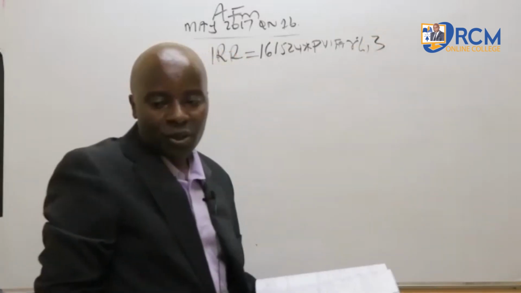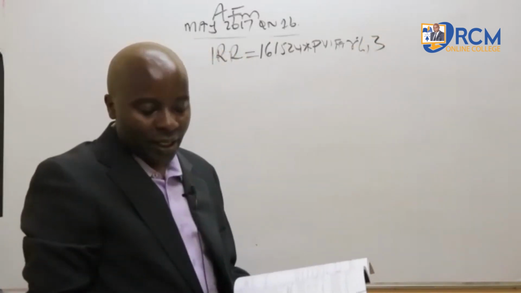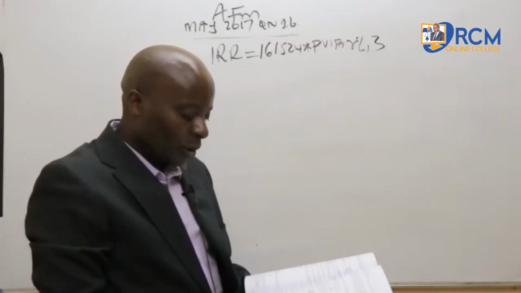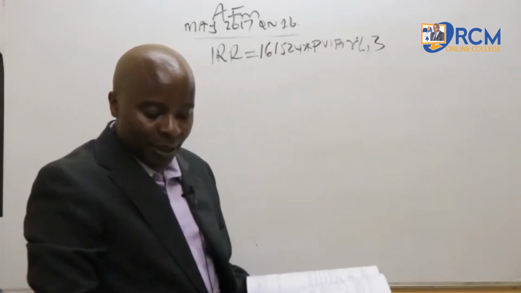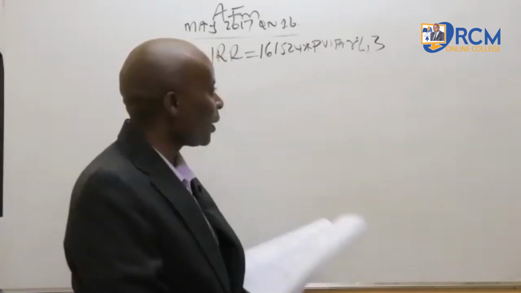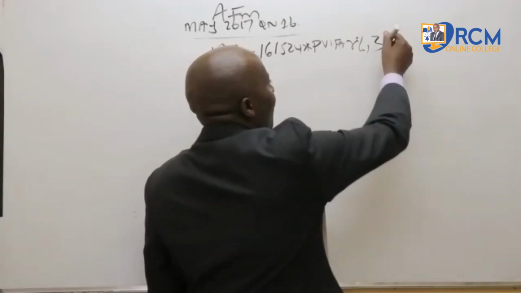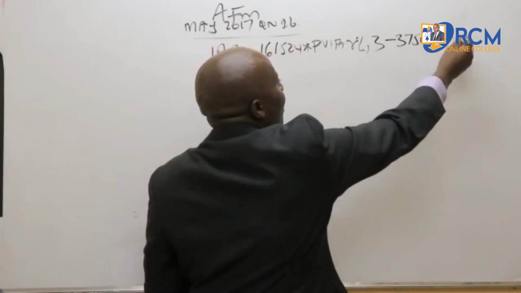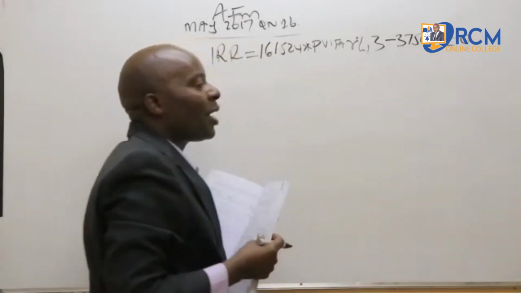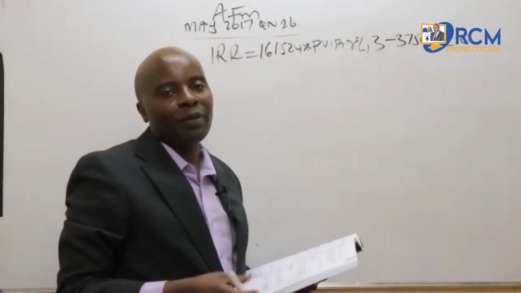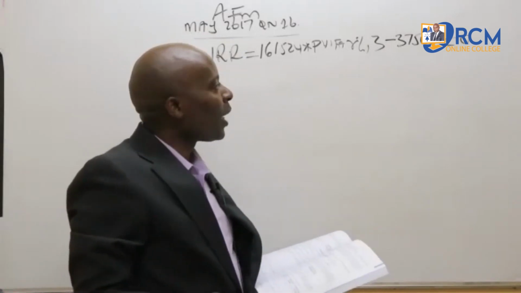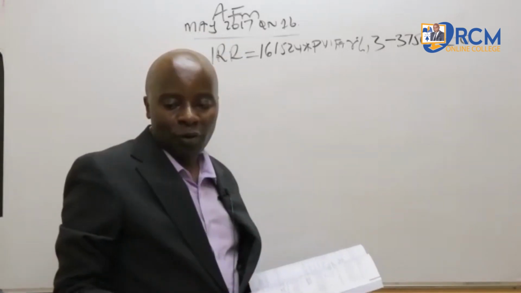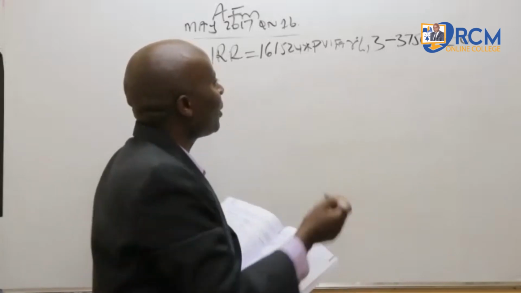So ladies and gentlemen, minus the initial outlay for project C, I'm being told it is 375,000. Because they want me to give them the IRR, what I'll do is equate everything there to 0, and then I make the PV factor the subject of the formula.